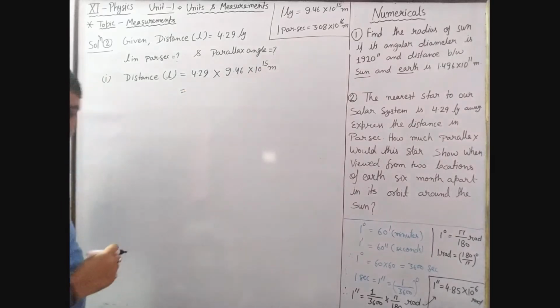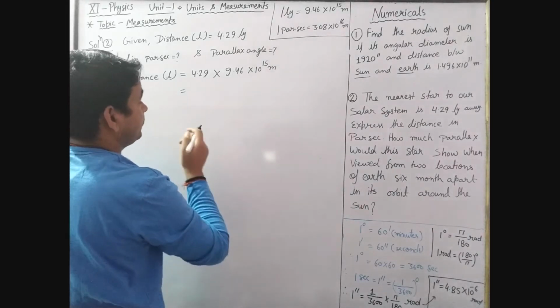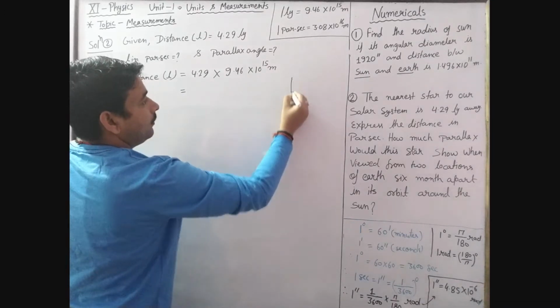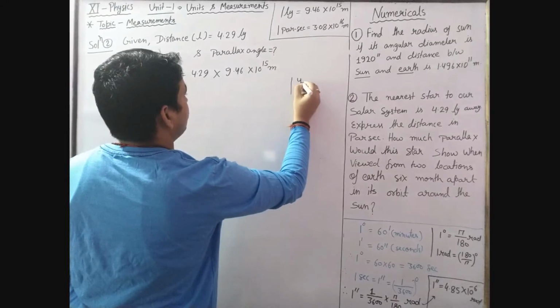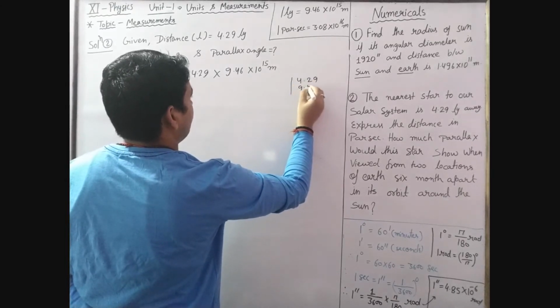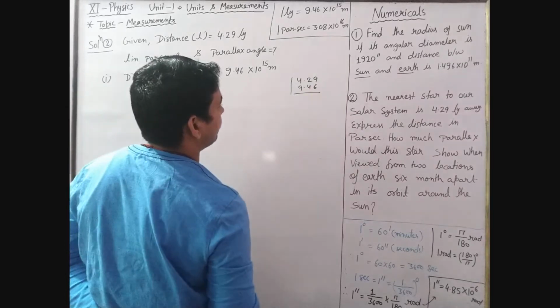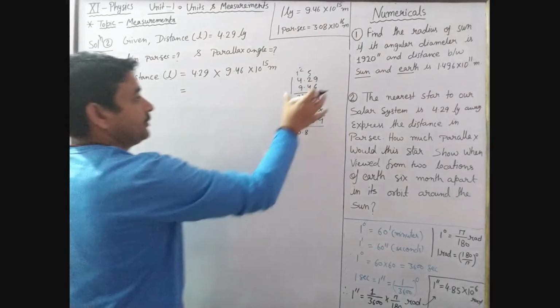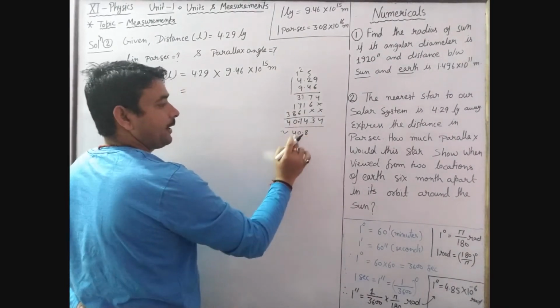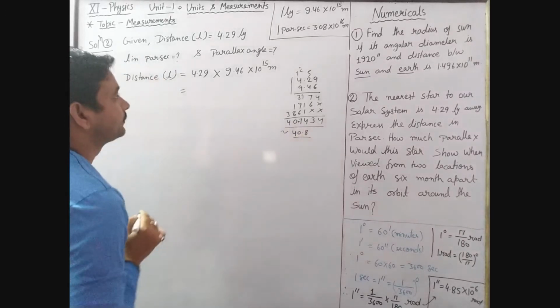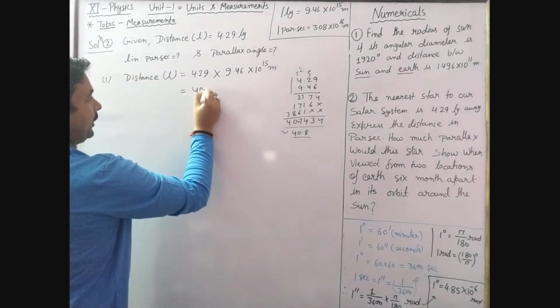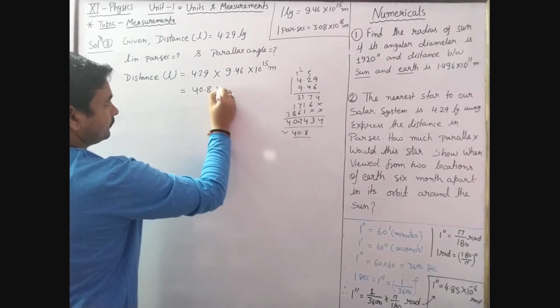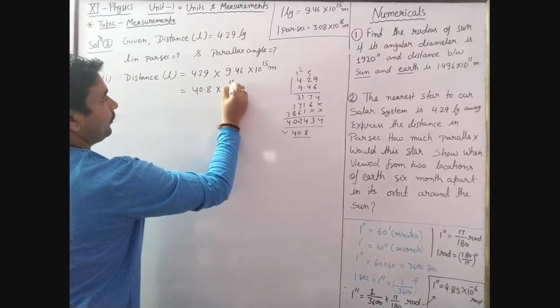When we solve this, we get approximately 40.8 into 10 to the power 15.